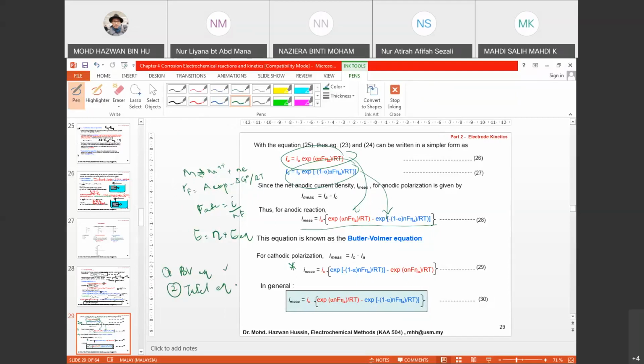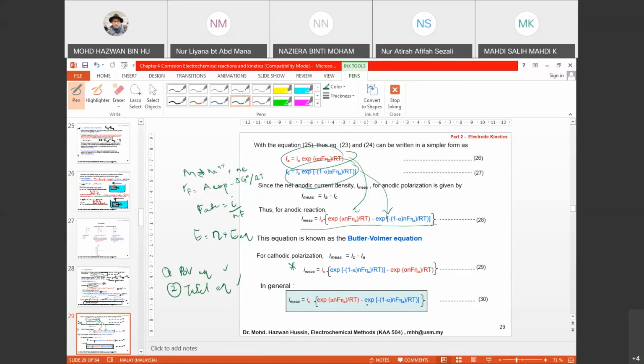So only two equations that you need to memorize how to derive. As I said, it starts from this reaction, then you write the forward rate, the reverse rate, substitute in this notation, then you get the terms and everything, and then you put in the overpotential terms, and you will finally get this. So this is the Butler Volmer equation.